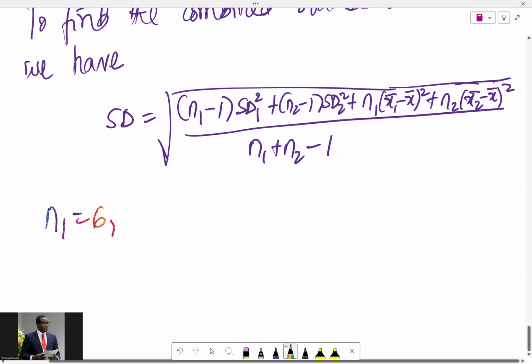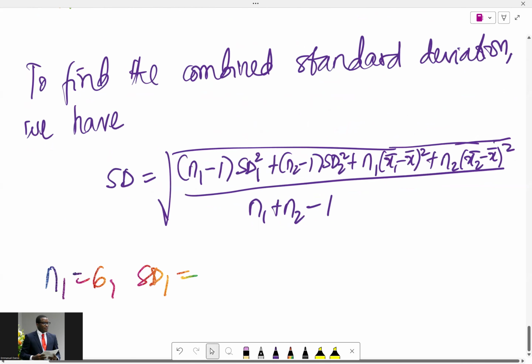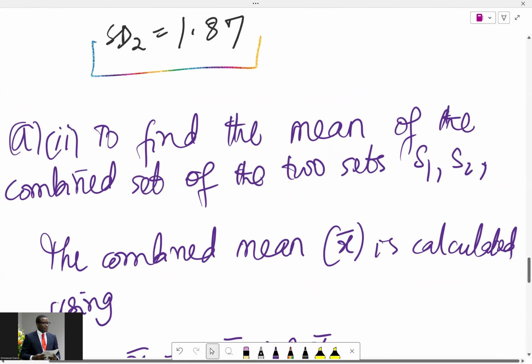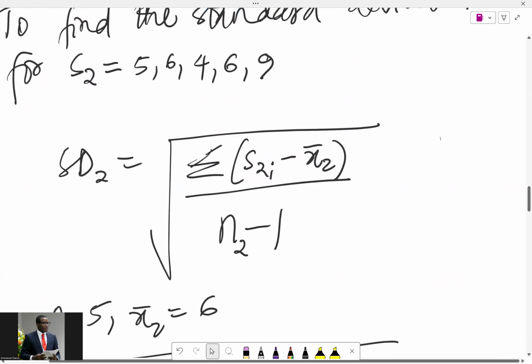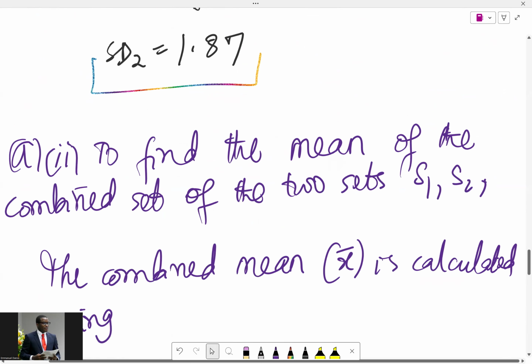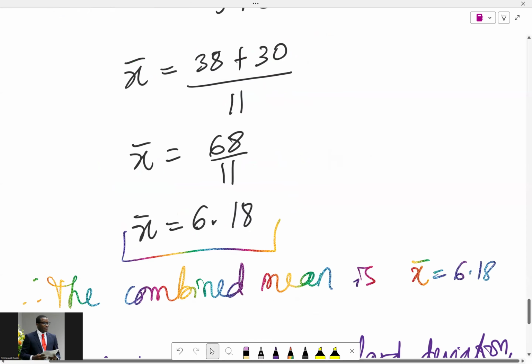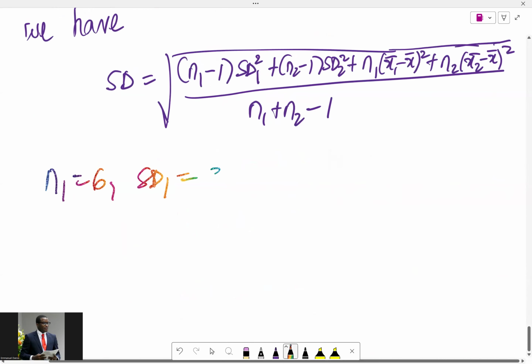N1 is 6. Then what do we need next? SD1. What is SD1 again? We can quickly check that. SD1 is 3.141, or we can just say 3.14 if everything is to two decimal places. Then we need N2. N2 is 5.